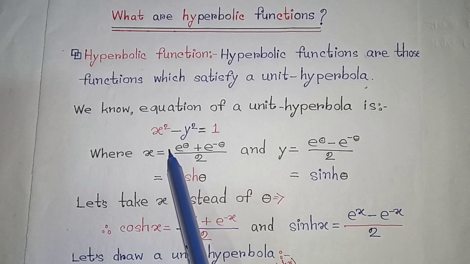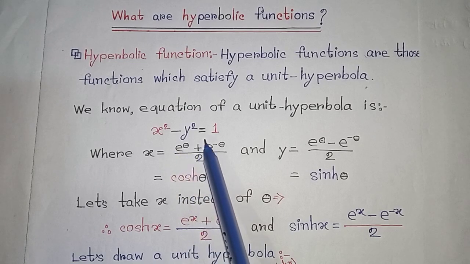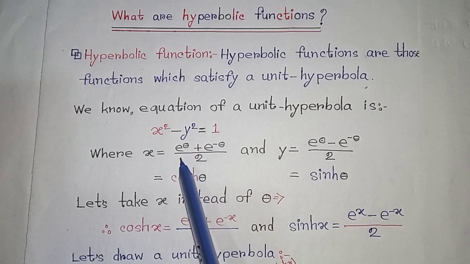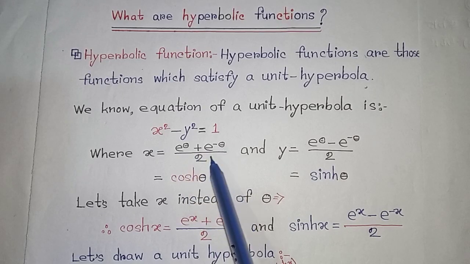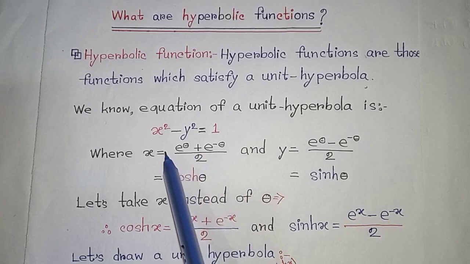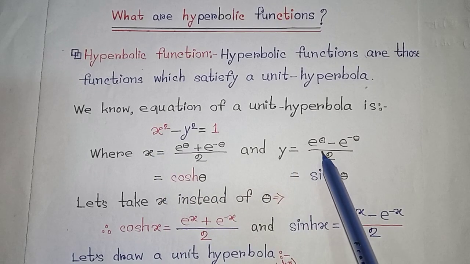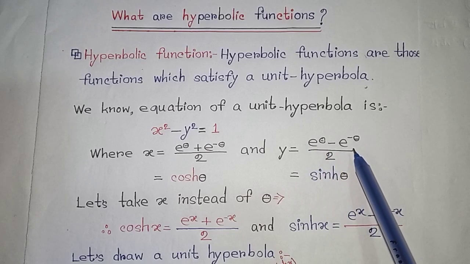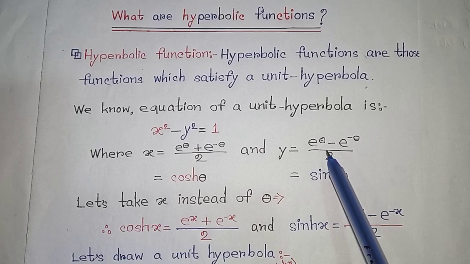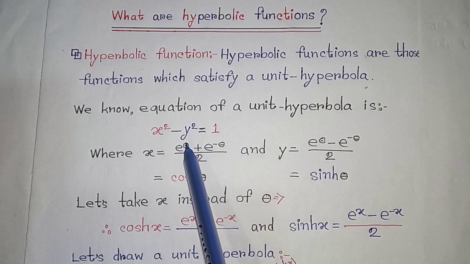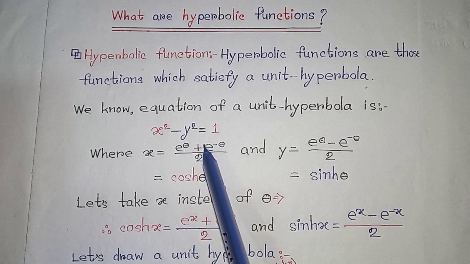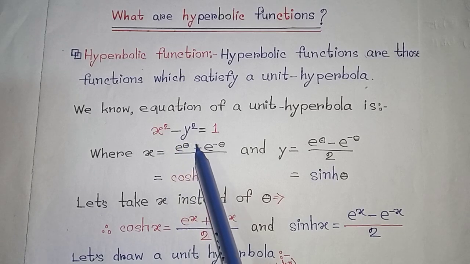From this equation we get x square minus y square is equal to 1. If we put e to the power theta plus e to the power minus theta by 2 instead of x in this equation, and if we put e to the power theta minus e to the power minus theta by 2 instead of y in this equation, then we will get x square minus y square is equal to 1.